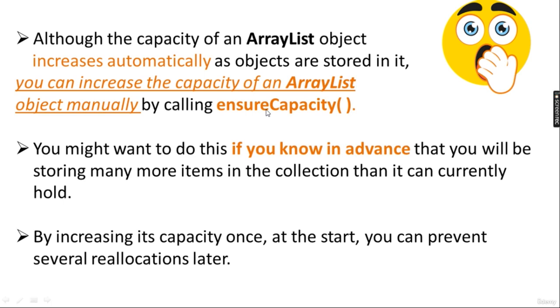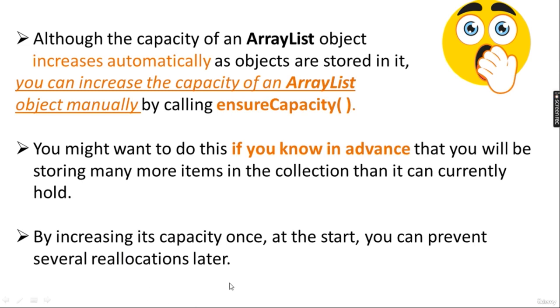You might want to do this if you know in advance that you will be storing many more items in the collection than it can currently hold. By increasing its capacity once at the start, you can prevent several reallocations later.